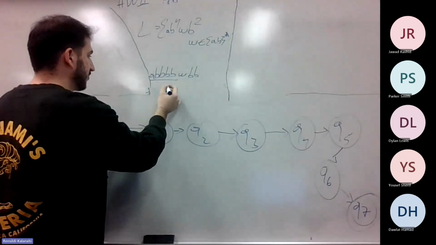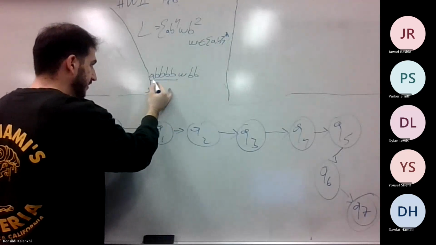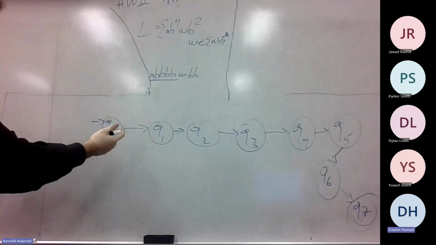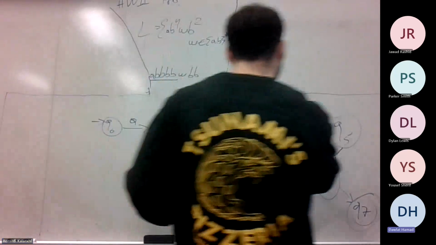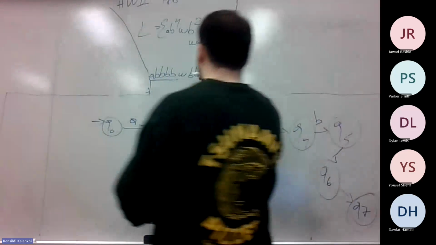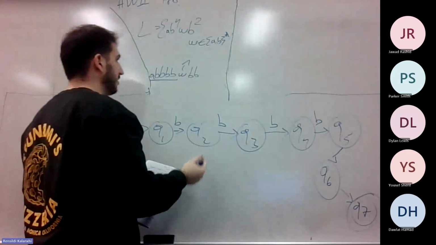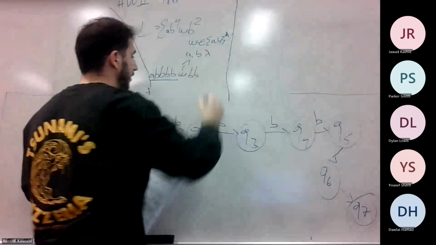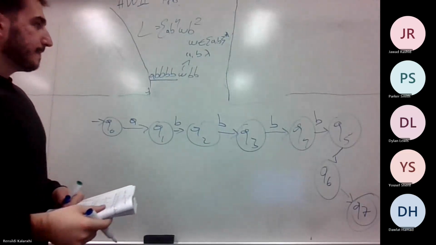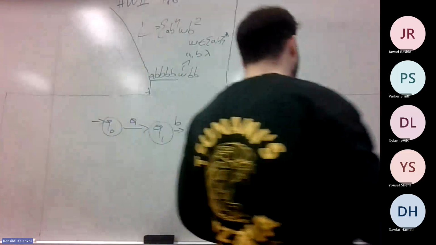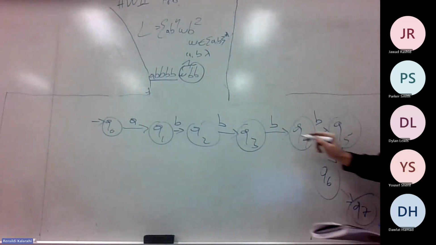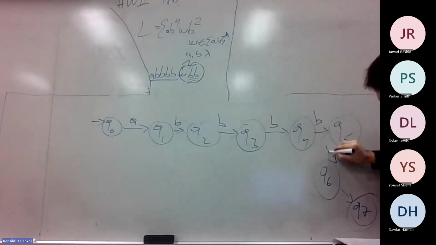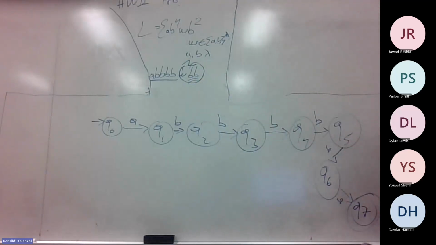So this is restricted to exactly this many a's and b's, and we can do the same thing in the machine: a, b, b, b, b. Now for ω, since we have any combination of a and b or lambda, that's where the loop is going to happen between these states. First we send from Q5 to Q7 two b's, and then Q7 can just end there.